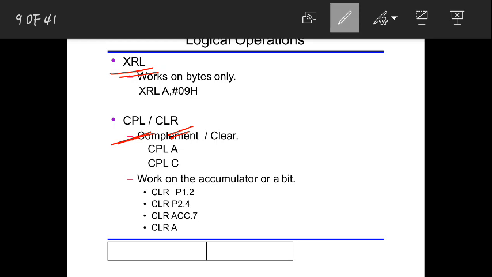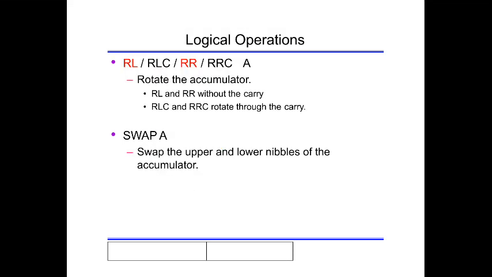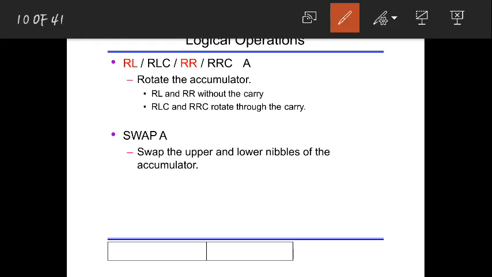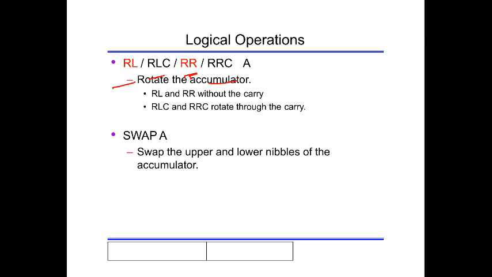Okay, these are the instructions you use. And you also have rotate operations. For rotate you have RL, that means rotate left. This is rotate left with carry, that means from the PSW register it will also take a carry. Here you have RR, rotate right. This is rotate right with carry.